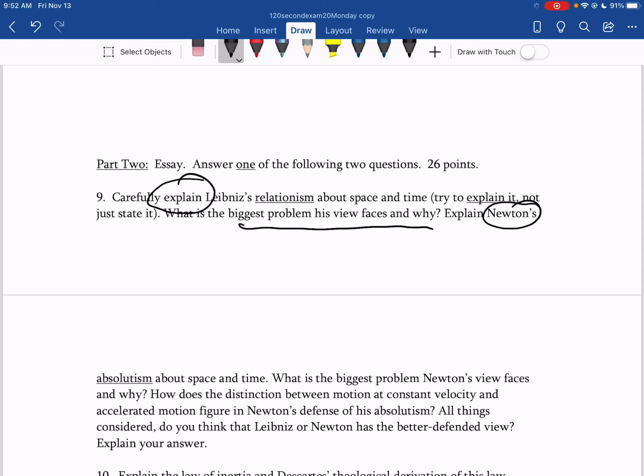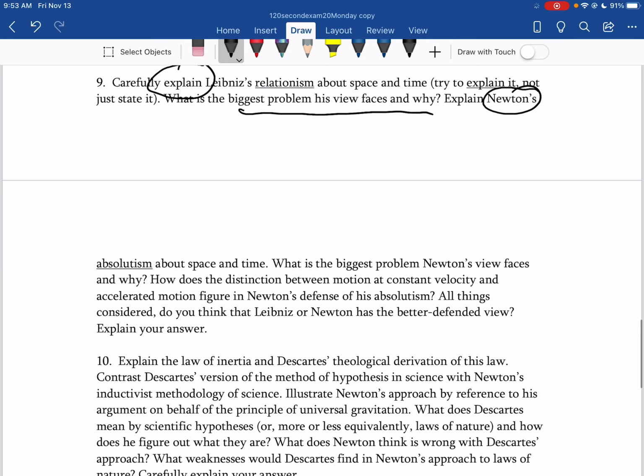It looks like there needs to be something fairly stuff-like that grounds these possible relationships. So it's not clear that Leibniz can preserve his relationism if he's going to allow possible relations, not just actual relations. Newton's absolutism gets in similar amounts and kinds of trouble, but let's understand it first.